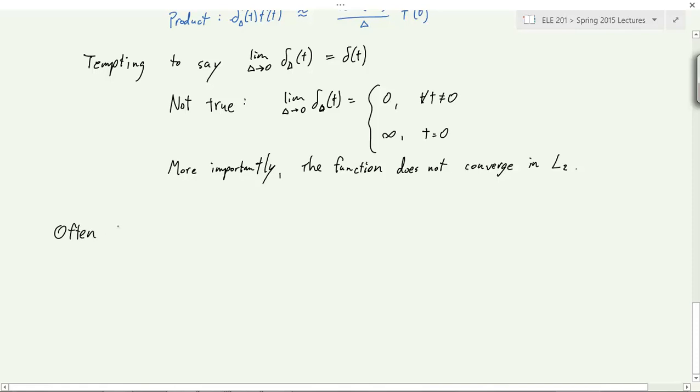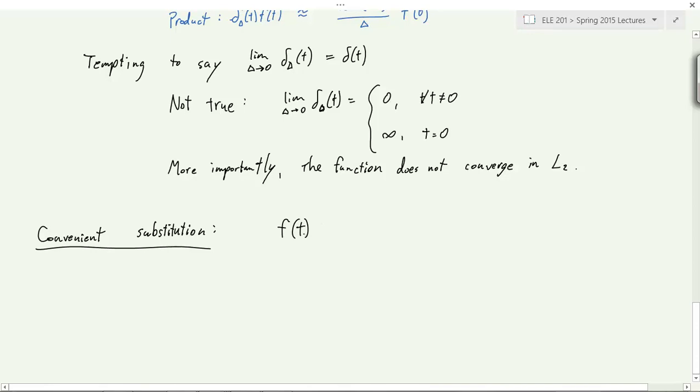So here's a convenient substitution that you'll sometimes find. We will say that a function, we always are going to assume it's continuous at the location of the delta function.